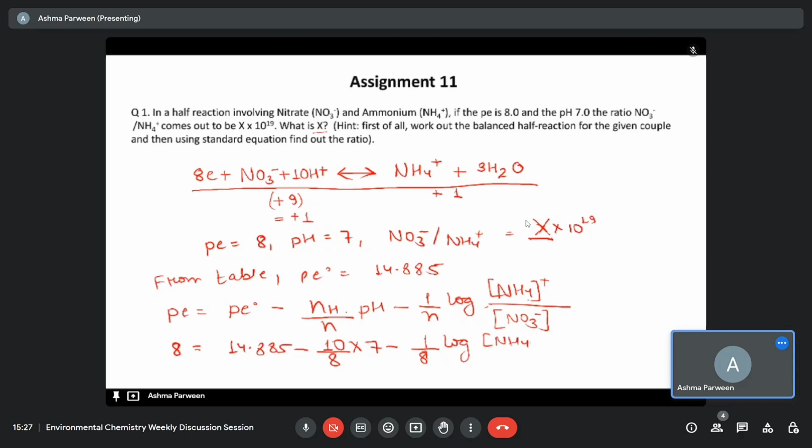concentration of NH4 plus divided by concentration of nitrate. So after solving this, we will get the ratio of log ammonium to nitrate. So I request you all to please solve this in a calculator or the calculator in your mobile phone and find out what is the correct value.